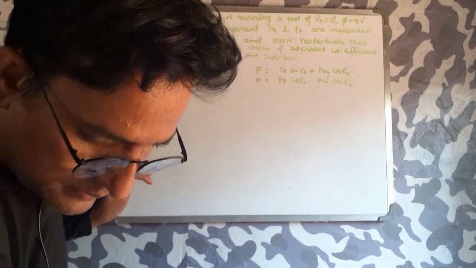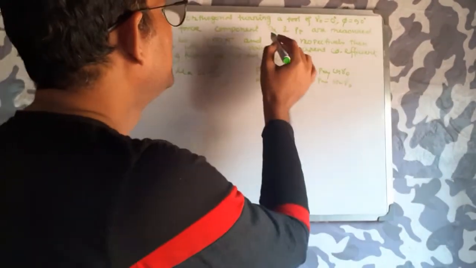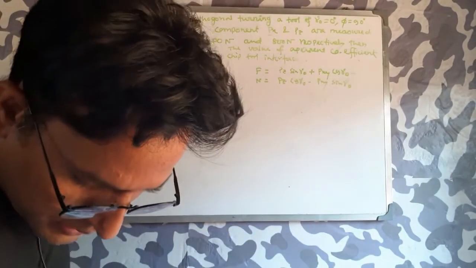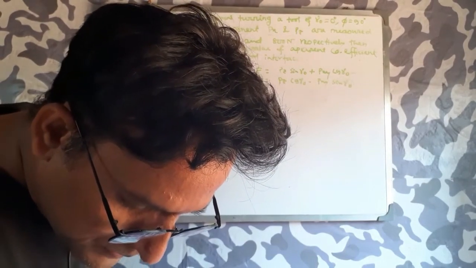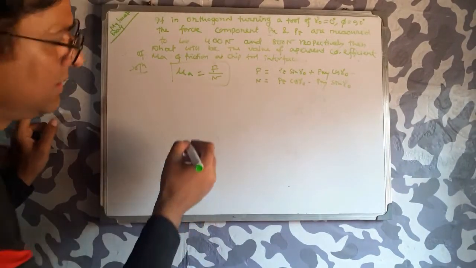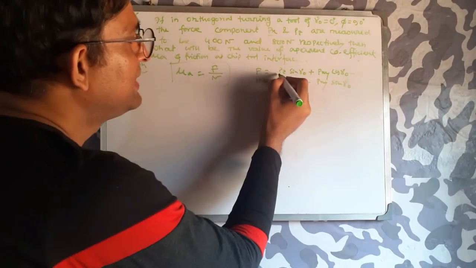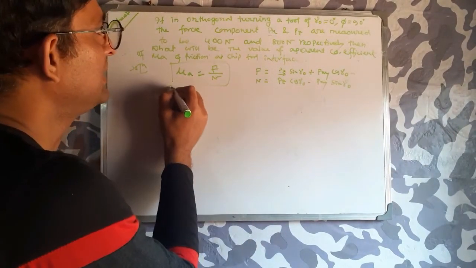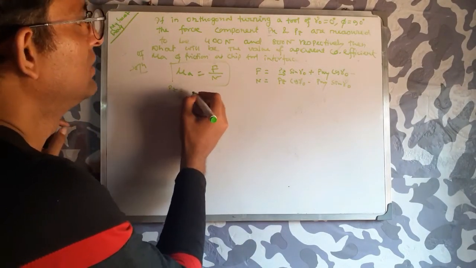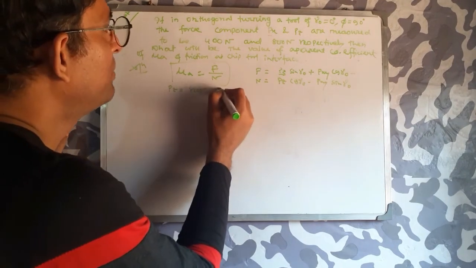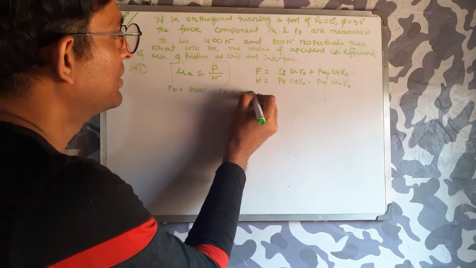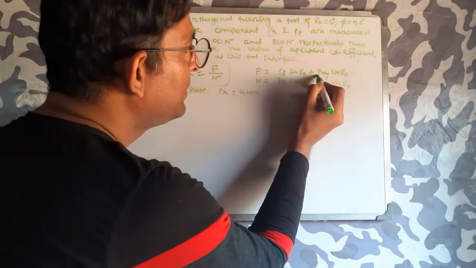And the value of Pz is given: Pz is equal to 800 Newton, Px is equal to 400 Newton, but we need to find out Pxy.